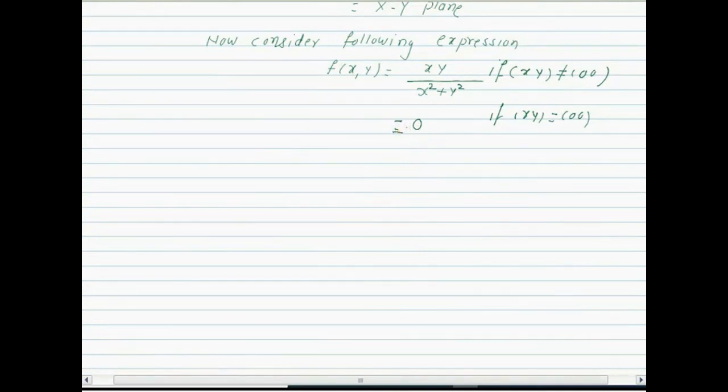Consider this expression. Now, what does this expression do?